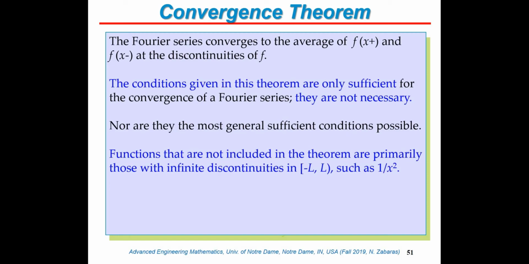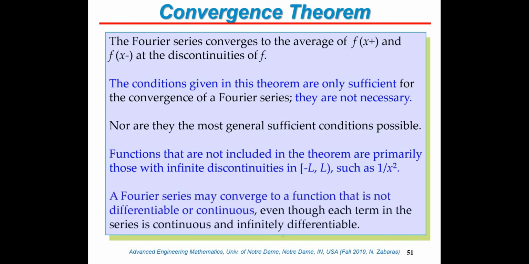Now, interestingly enough, when you have a Fourier expansion, you can look at all the terms in the Fourier expansion, let's say sines and cosines, and because you can differentiate sines and cosines as many times as you want, you may get the wrong impression that this Fourier series converges to a function that is differentiable to any order.